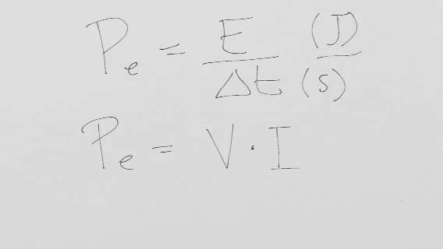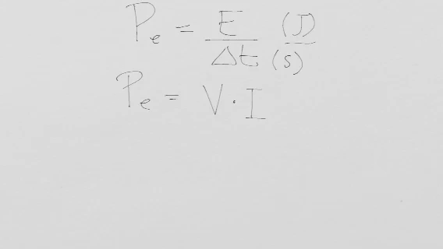Now, we know that power is equal to joules per second. But wait a minute. There's no joules and no seconds in V and I. How can we use two different formulas to give us the exact same answer?